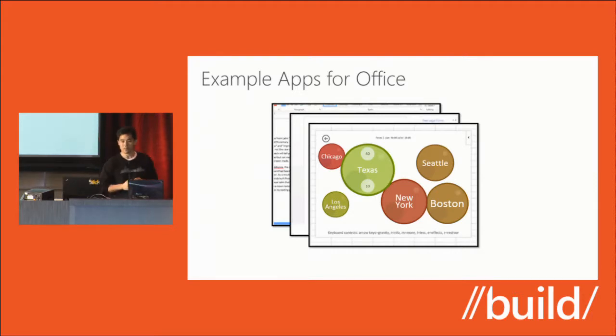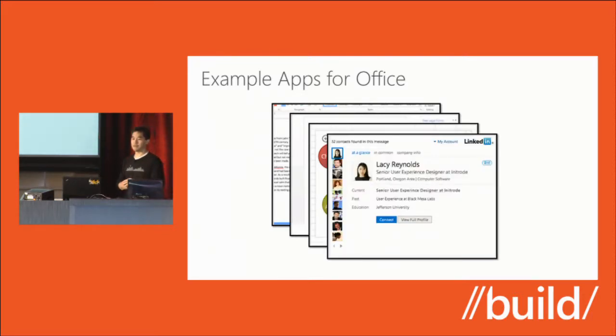Mail app example. This one's kind of fun. It's a LinkedIn mail app, so it'll show you the LinkedIn profile for each one of the people on that email. I was playing with this the other day, and I found it pretty interesting because you could see what's listed in the address book very easily and compare that to what's actually in LinkedIn.